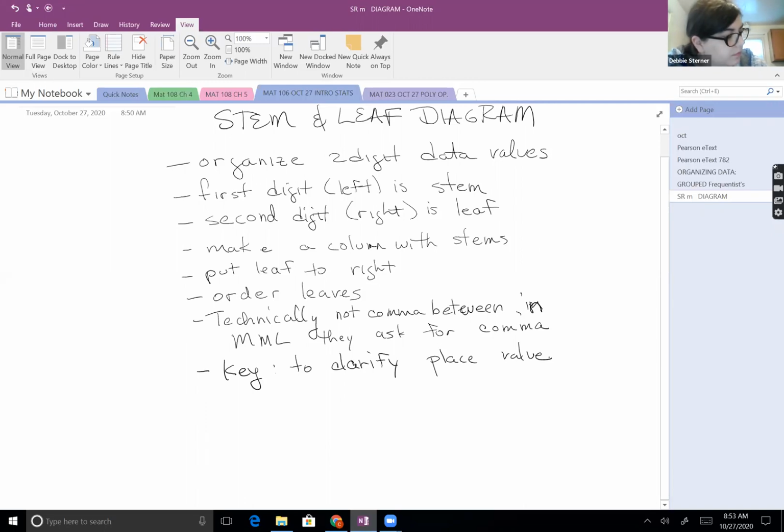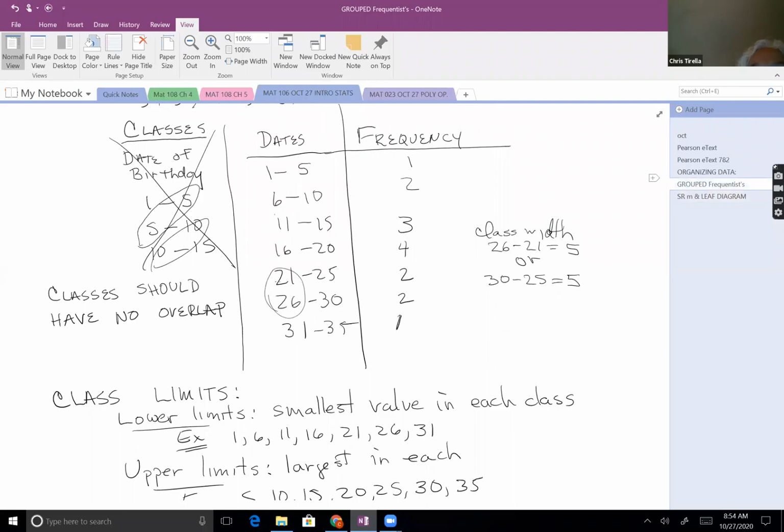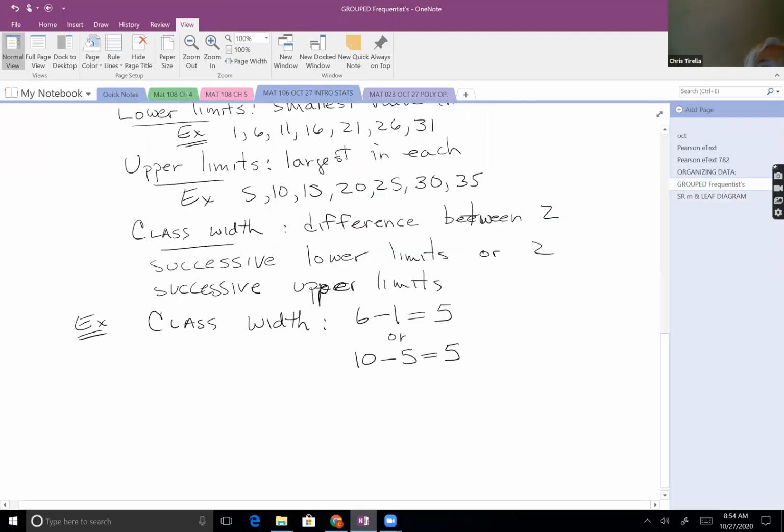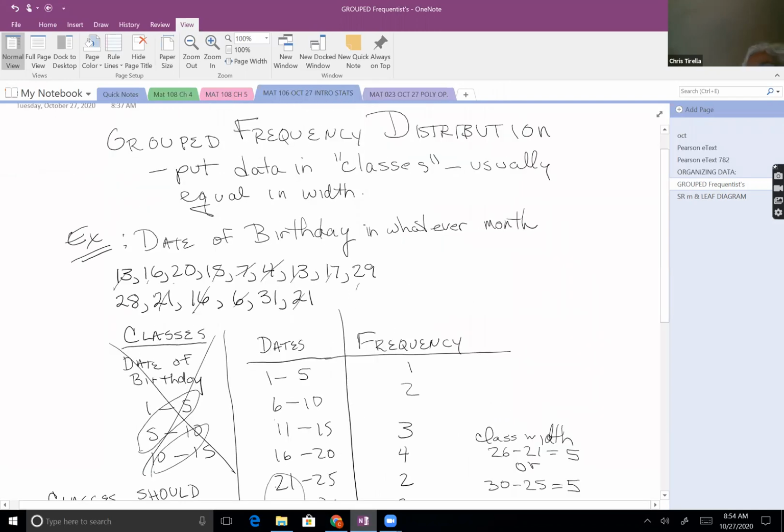And so let's see how technically savvy I can be right now. I want to try to go back to our list of birthdays. And I don't want to copy all of this, but I do want to copy the list of dates.